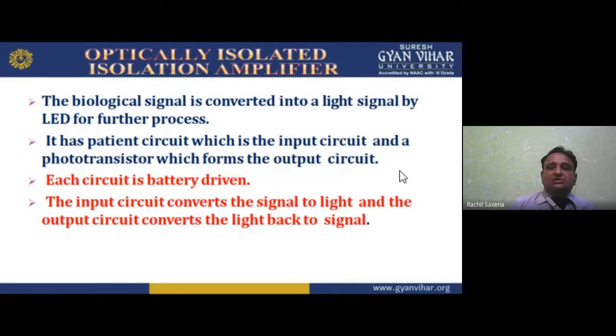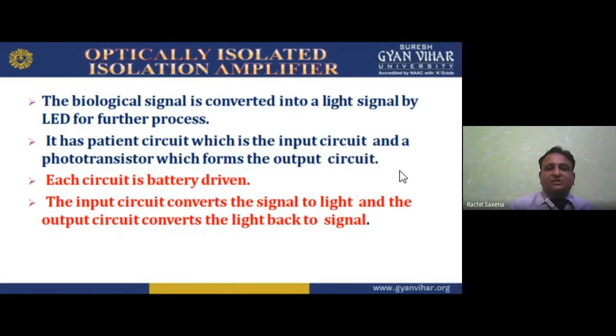The biological signal is converted into a light signal by an LED for further processing. The biological signal we get from the human body, if I'm connecting to the arms and legs, is converted into a light signal by the LED.